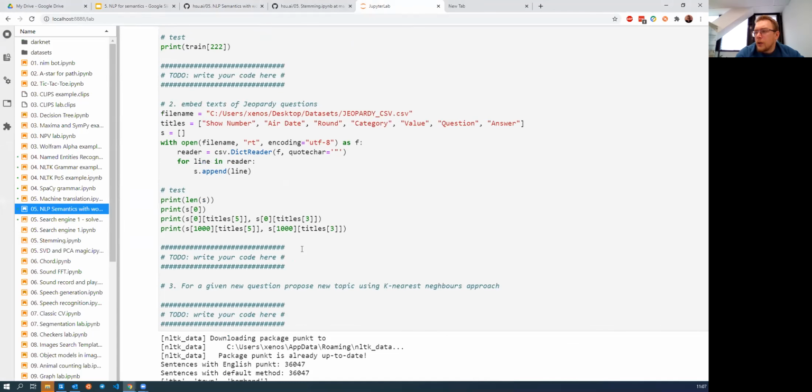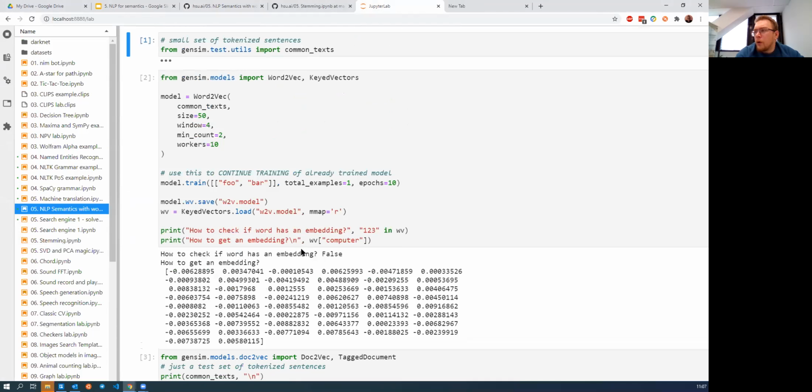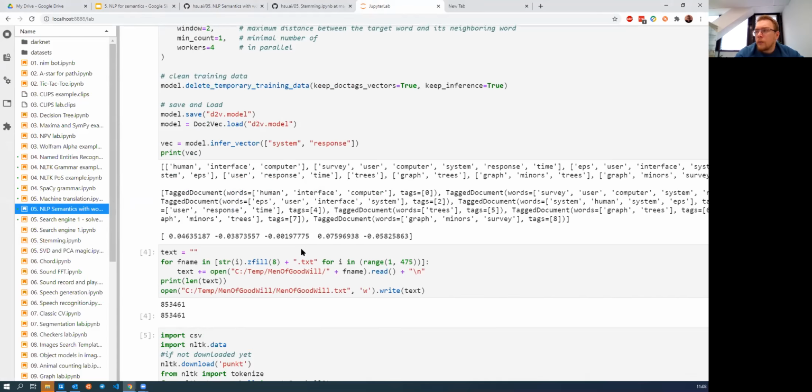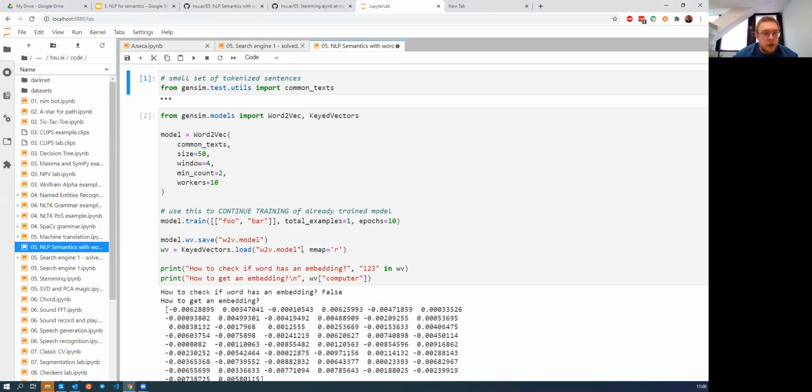Oh yeah, here is just an example of how to use Word2Vec and Doc2Vec for training and for embedding. Let's look at the code fast. For Doc2Vec, the most widely used implementation is the Gensim library.